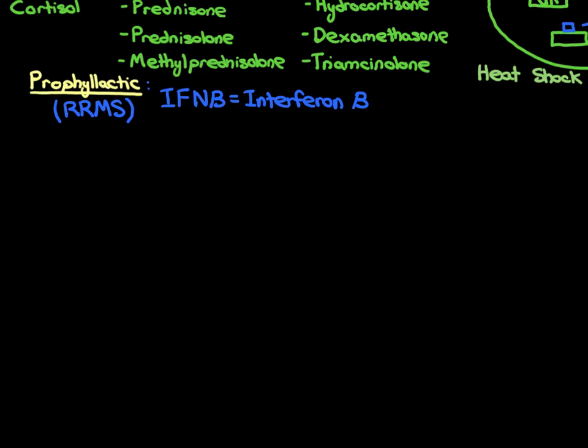So the question is, how is it actually effective? Now, I should say that a lot of these drugs that are given prophylactically for multiple sclerosis, we don't actually have a brilliant understanding of how they actually work. So a lot of what I'm going to say is extremely controversial, and it's almost just potential possibilities for how it could work, a logical explanation for how it could work, but it's all theory.